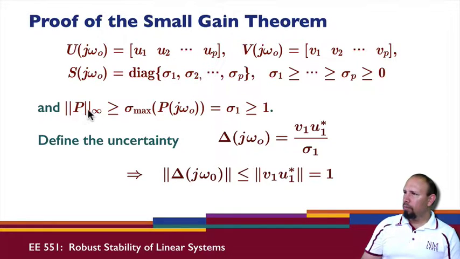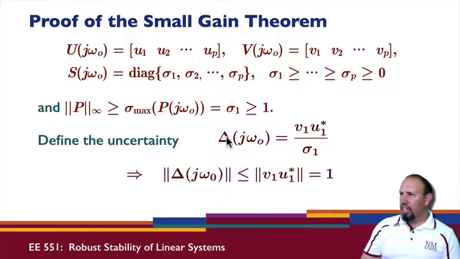So that's the norm. And so associated with the largest singular value are the singular vectors v1 and, I'm sorry, v1 and u1. And so these are the singular vectors associated with that singular value. And so we've seen using matrix perturbations that we can define an uncertainty this way.